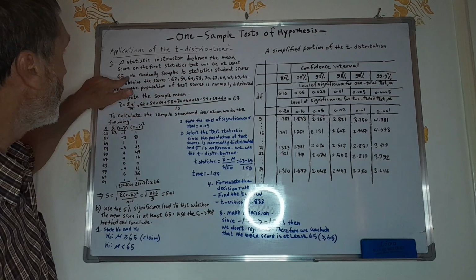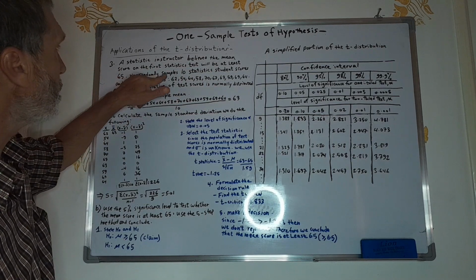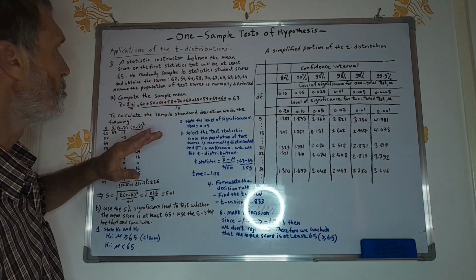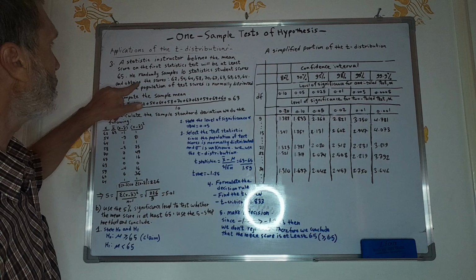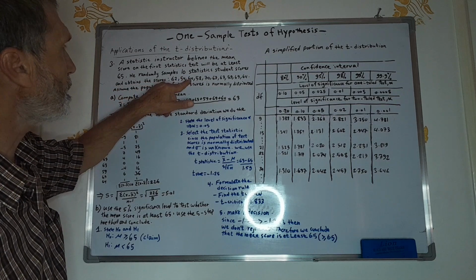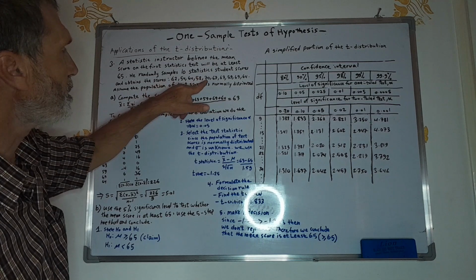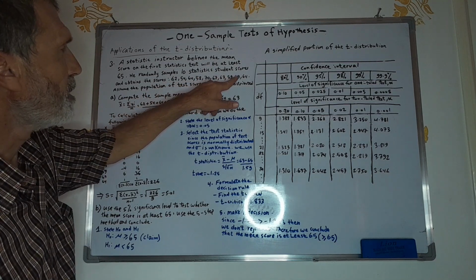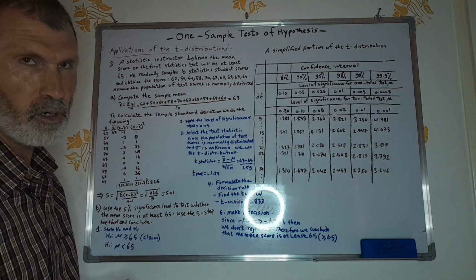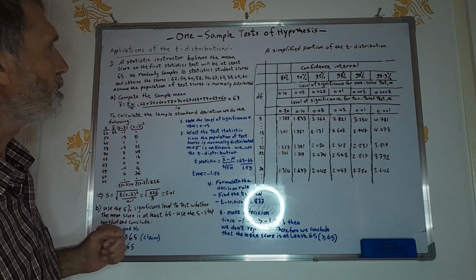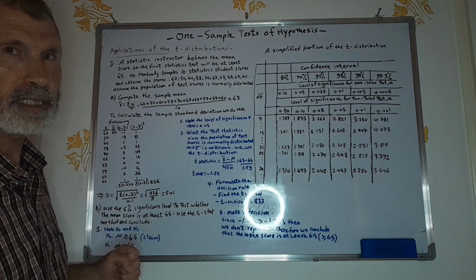He randomly samples 10 statistics students' scores and obtains the scores 62, 54, 64, 58, 70, 67, 63, 59, 69, and 64. So he got 10 scores from 10 students who are taking a statistics course.